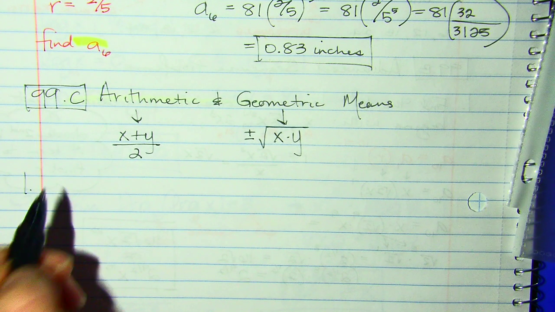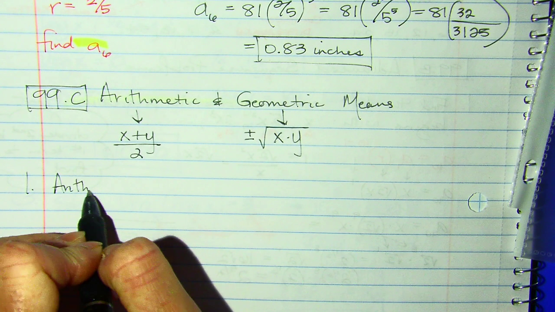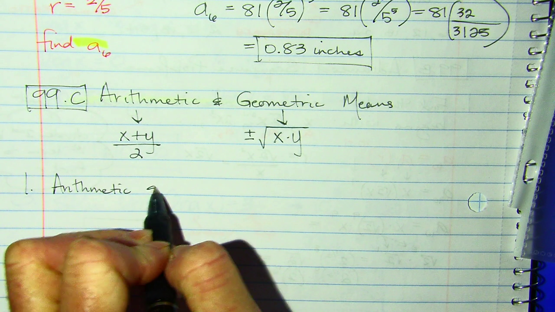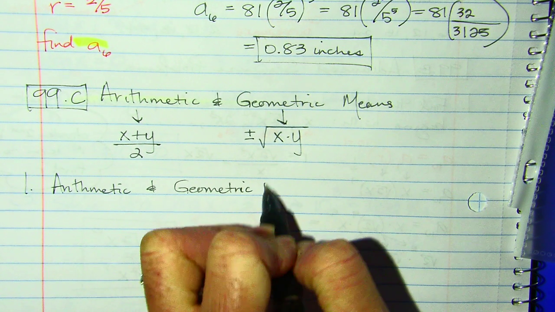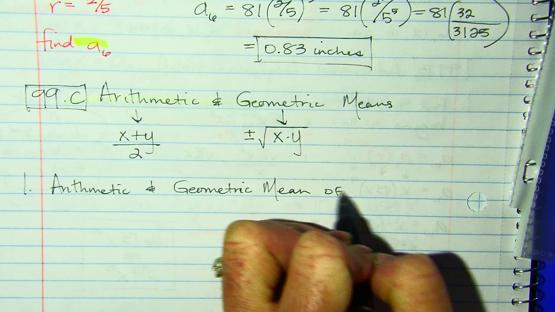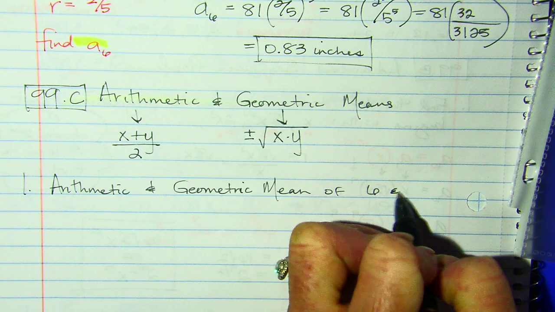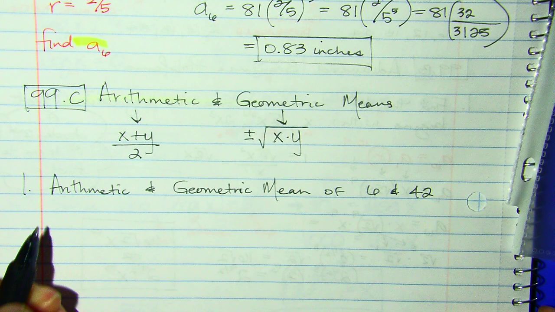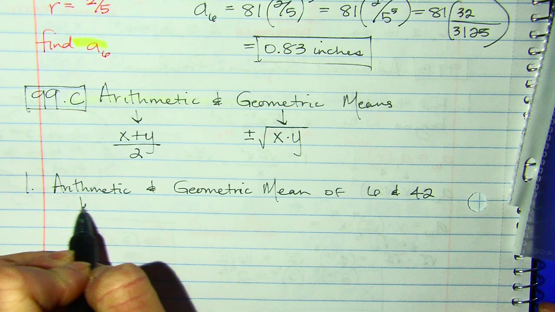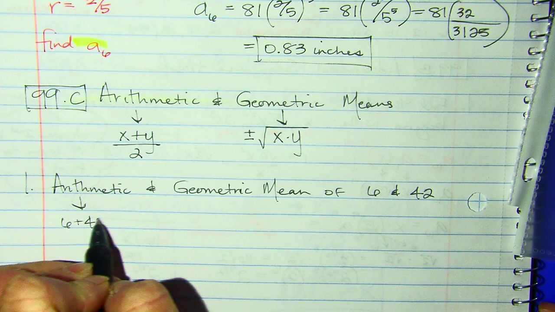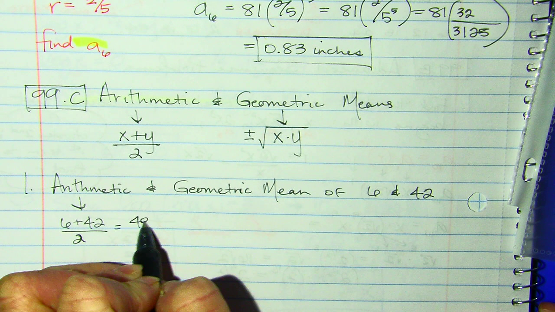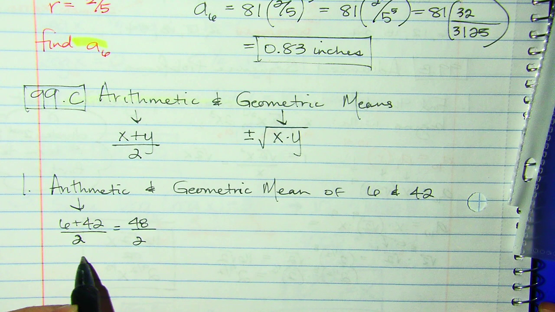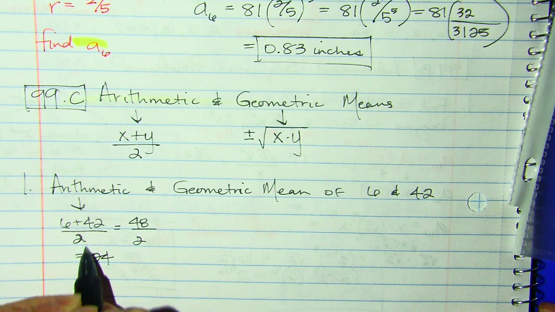So if I said, what is the arithmetic and geometric mean of 6 and 42? Well, my arithmetic mean would be 6 plus 42 divided by, there are two numbers, so that would give me 48 over 2 or 24.